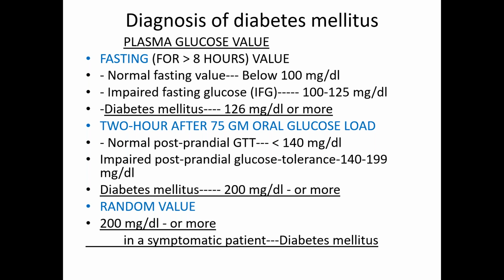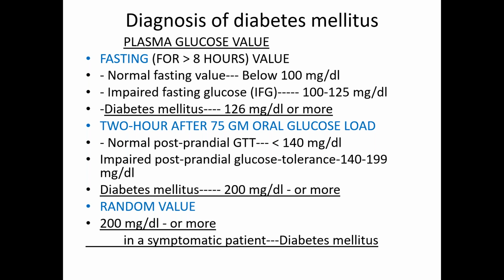But urinary test, glycosuria, must always be confirmed by examination of blood. So plasma glucose value is defining for diagnosis of diabetes mellitus. This is the confirmative test. Urine test is a screening test. It can be done on many patients who are suspected of having diabetes, but confirmation must always be done by examination of plasma glucose levels.